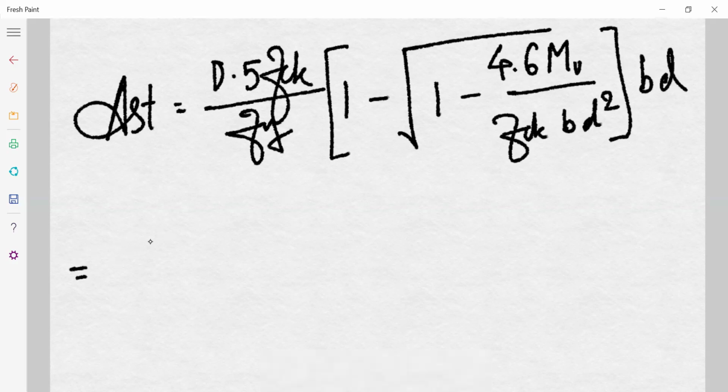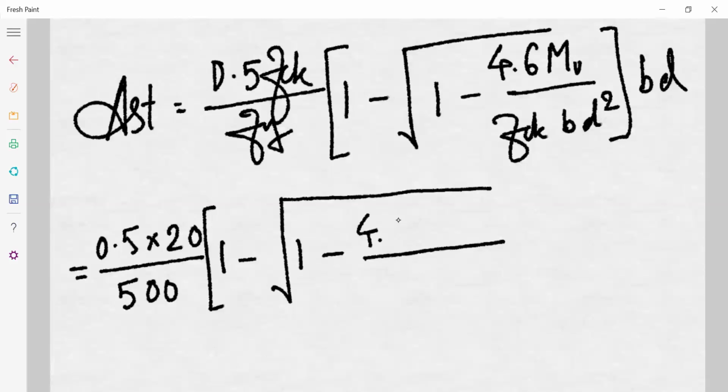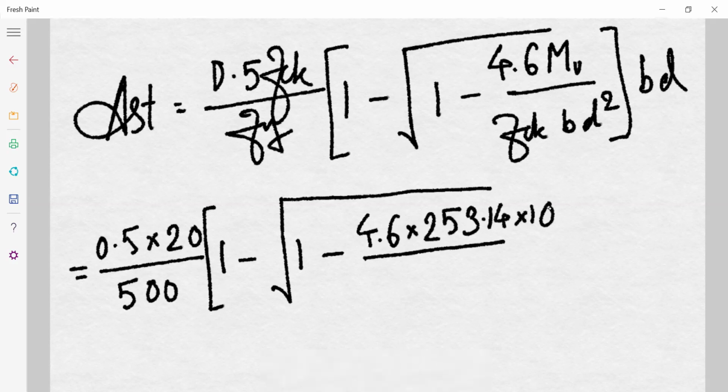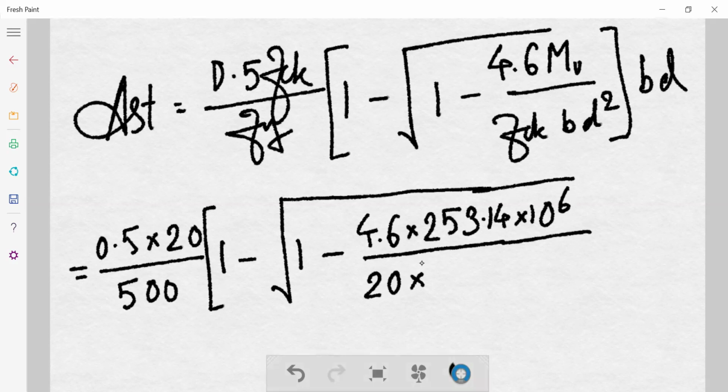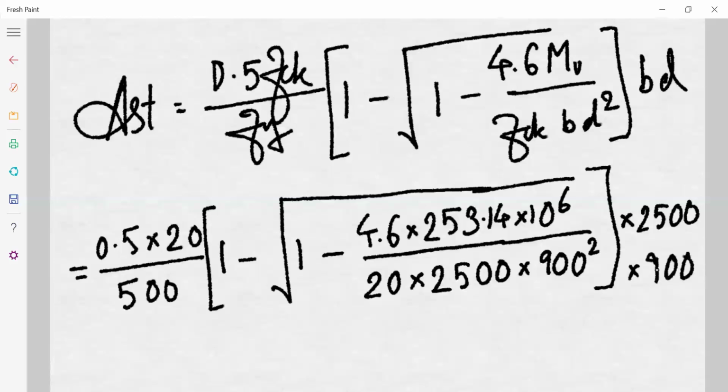So ultimately it will become 0.5 into 20 by 500, into 1 minus root over 1 minus 4.6 into 253.14 into 10 to the power 6 by 20, B is the width of the cap, 2500, and D we can take as 900 square, into 2500 into 900.